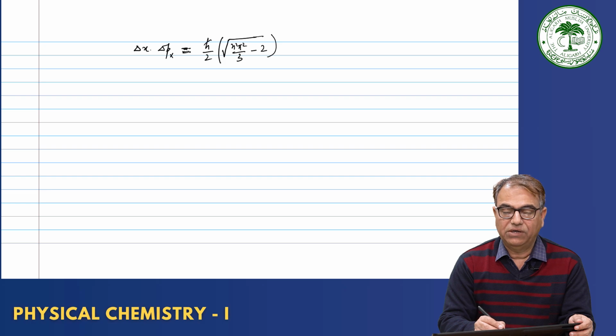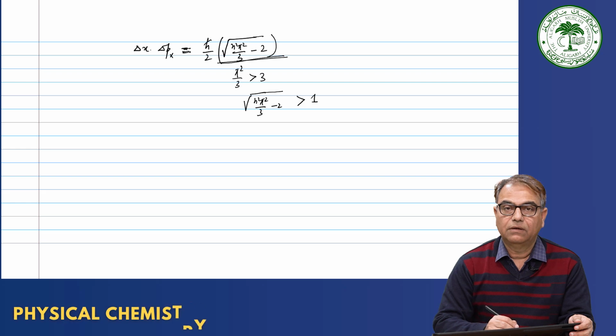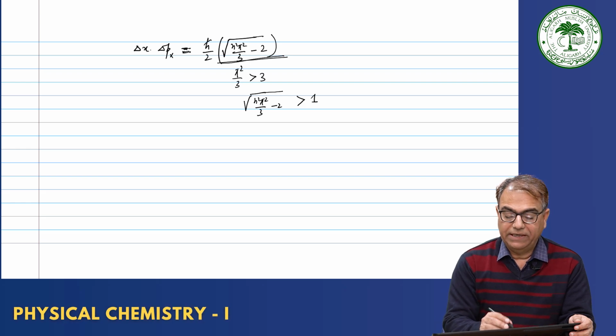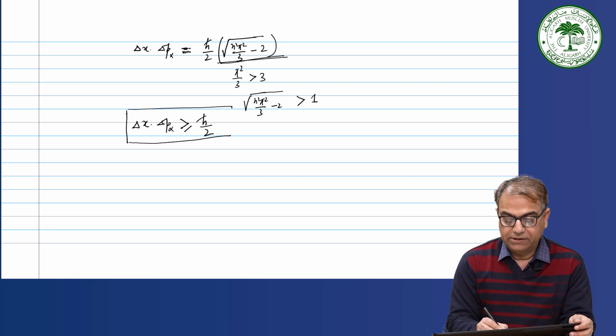So if you divide, pi square divided by 3 will always be greater than 3. Okay. So 3 minus 2 will be greater than 1, meaning this value is always greater than 1. It means that if you multiply by h cross, then this is always greater than or equal to h cross divided by 2, and this is what the Heisenberg uncertainty principle is.